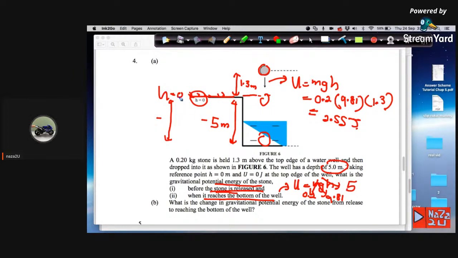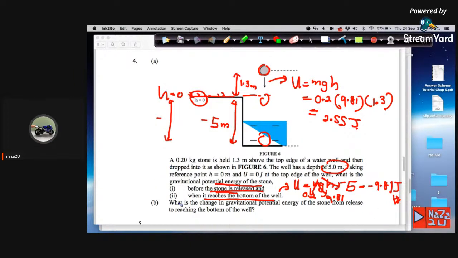But we have a reference point 0 here, meaning the direction below the H0 is negative. So we have a negative 9.81. So the U here, when it's reached the bottom of the well, the gravitational potential energy of the stone is negative 9.81 joule.